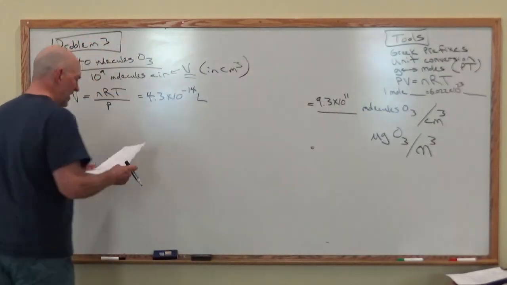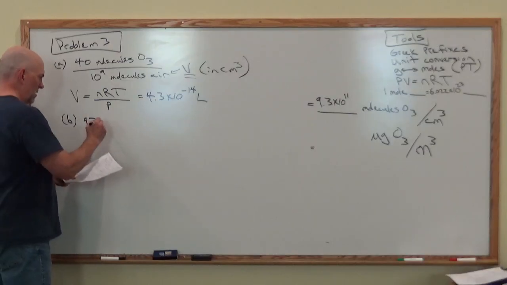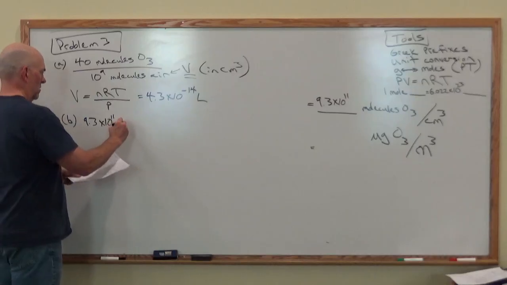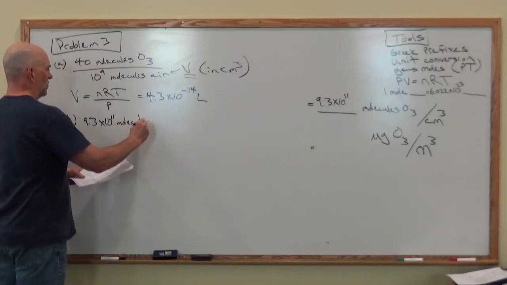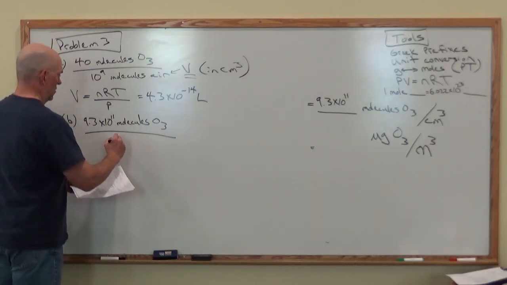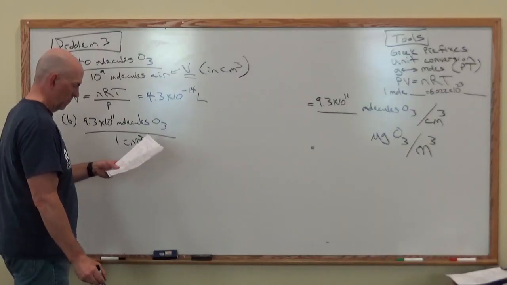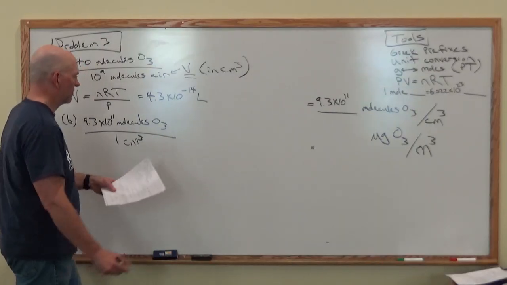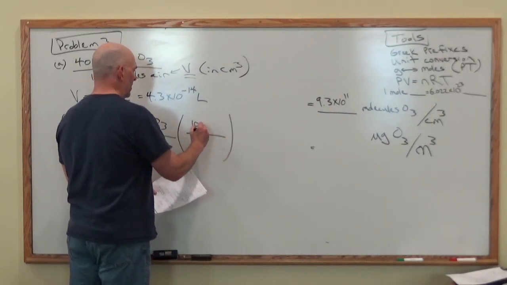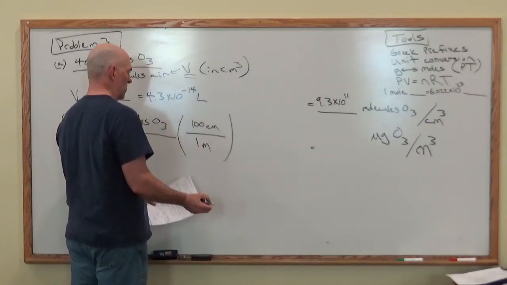So this is how I did it. 9.3 times 10 to the 11th molecules of ozone for every 1 cubic centimeter. Doesn't matter which one you do first. So I know 100 centimeters is a meter.